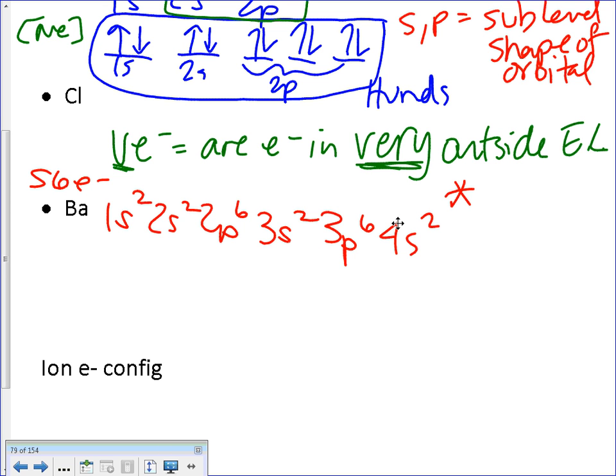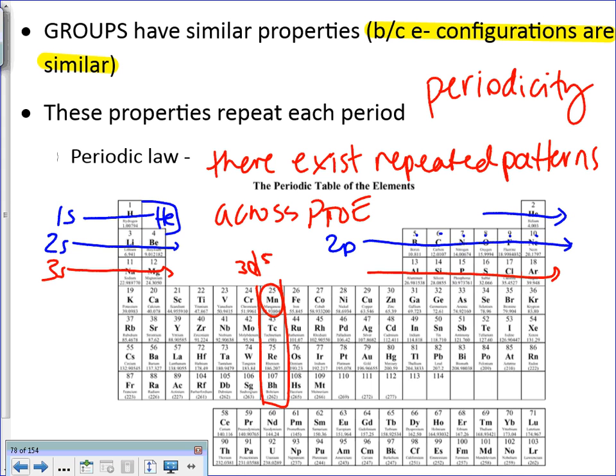But D block is weird. D block energy levels are of lower energy, and so they actually drop down in energy level. So instead of going straight to 4d, you go 3d. How many? 10. I'm going to show everybody that on the periodic table real fast. So we've gone through 3s2, 3p6, 4s2, and when you get here, write this down if you don't have it already on your colorful periodic table.